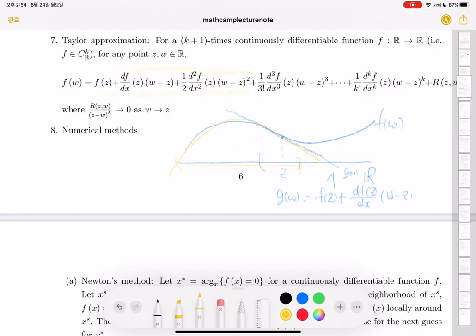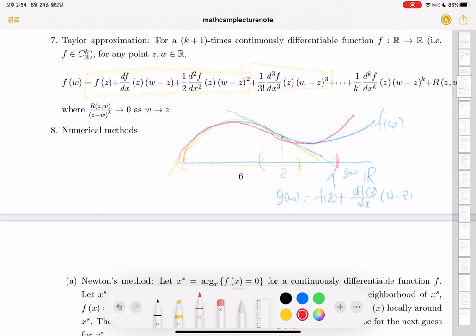And up to this part is the function. You can think of a cubic function here like this. Now change the color. Then it's a good approximation for this region.